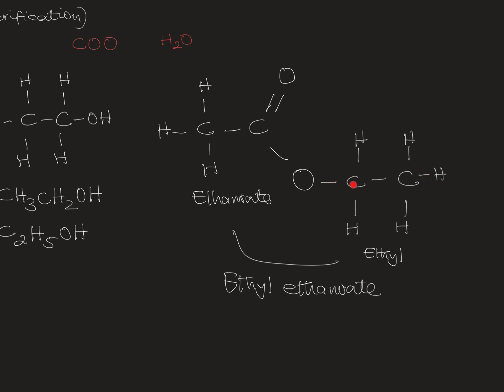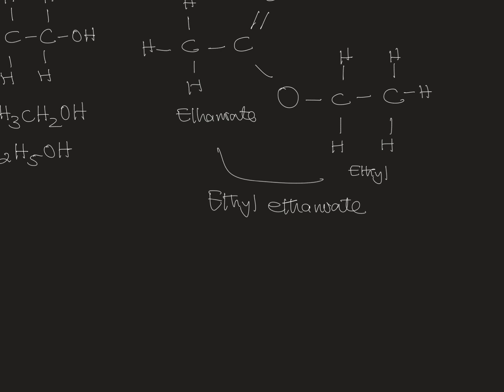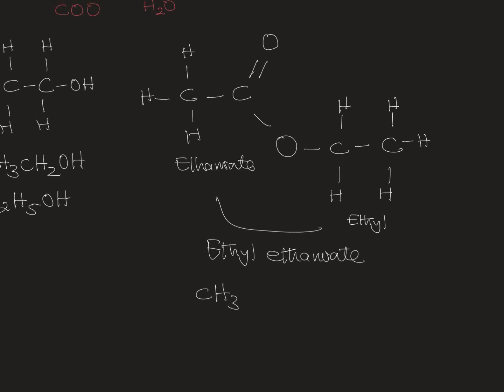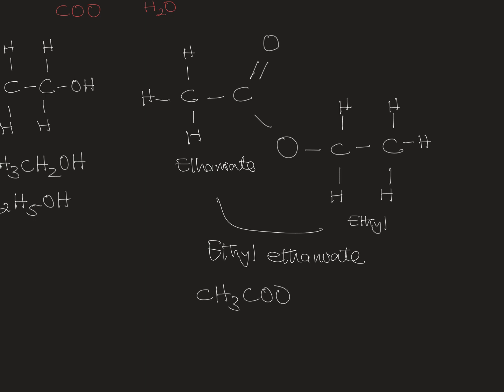You have the ethyl group C2H5, right? Because you have two carbons and 5 hydrogens, and this is the part that comes from the ethanoic acid. So let's try to write the chemical formula for ethyl ethanoate. It is CH3COOCH2CH3.